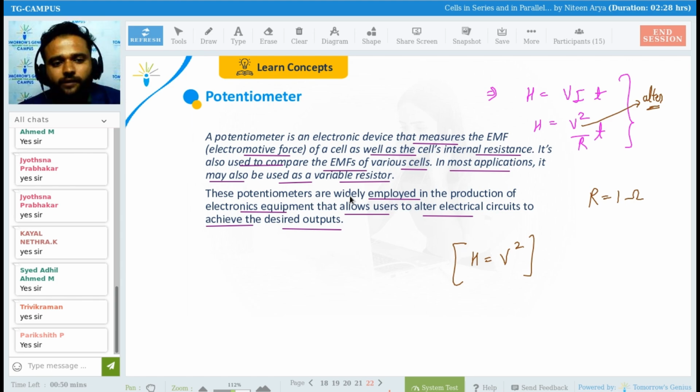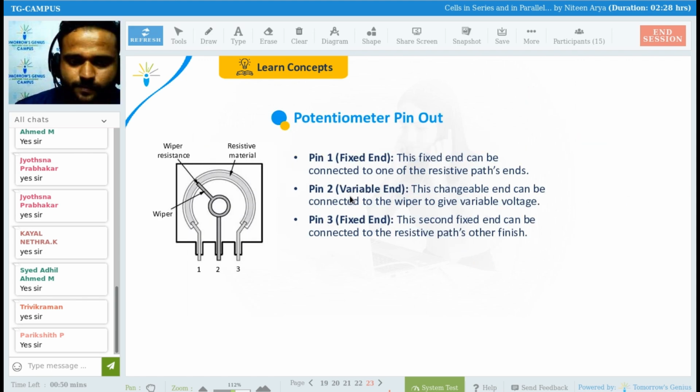That knob is altering the potential according to your wish, and according to that potential difference, your heat is altered and you iron your clothes accordingly. Is this clear everyone? Right? So that is how we can use this thing.